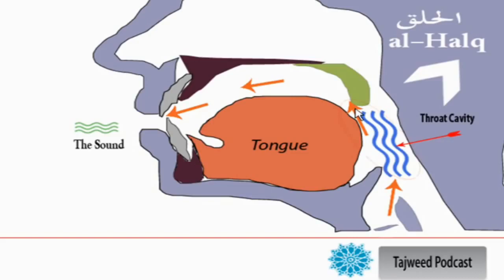One of the divisions the ulama mentioned is the farthest distance and the closest distance. It's called aqsa al-halq wa adna al-halq. Al-halq means the throat in Arabic language. So aqsa al-halq means the farthest distance from the mouth. We say al-Masjid al-Aqsa, meaning the farthest mosque, which is far from al-Masjid al-Haram.